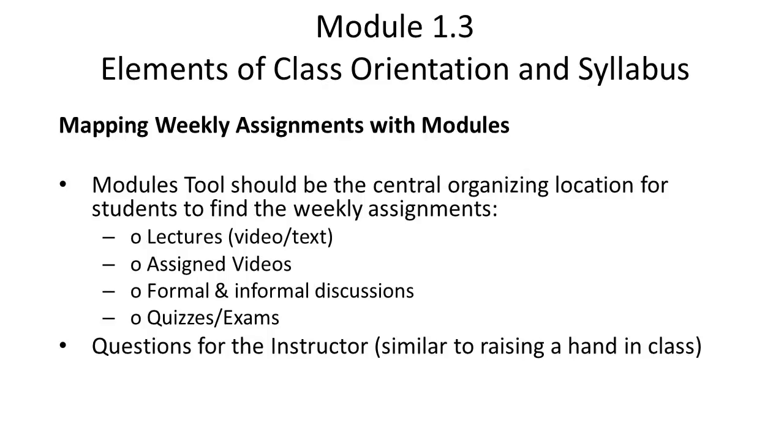That's followed by a discussion forum, and here's where you go to participate in the discussion. Here are the grading criteria, or where you can find the grading criteria for the discussion. This is what the discussion is worth in terms of points.